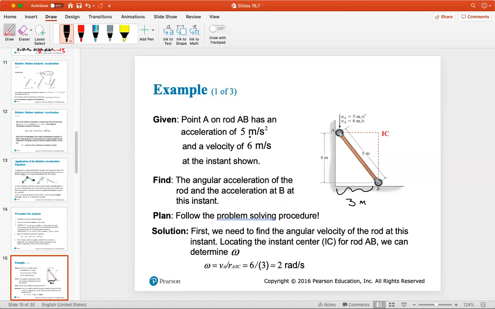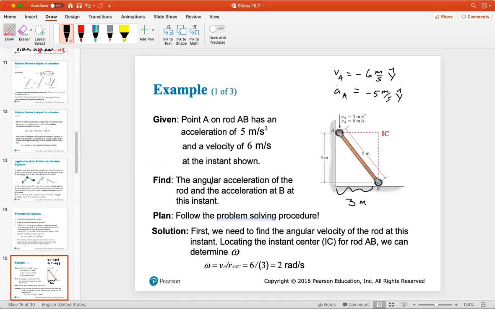That's kind of convenient. They give me accelerations and velocities. Notice these are both down, so I would say that the velocity of A is negative 6 meters per second y hat, and the acceleration of A is negative 5 meters per second squared y hat. Just trying to be really careful with the minus signs.